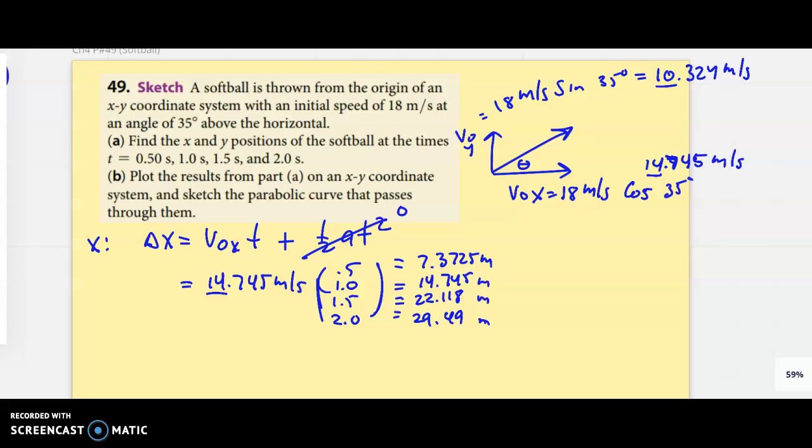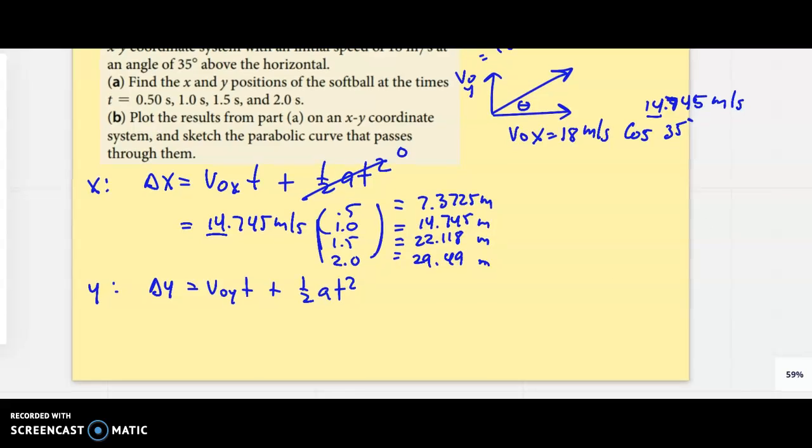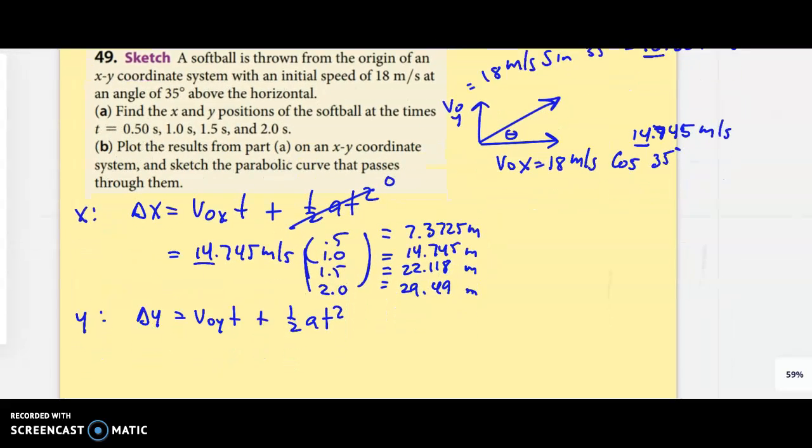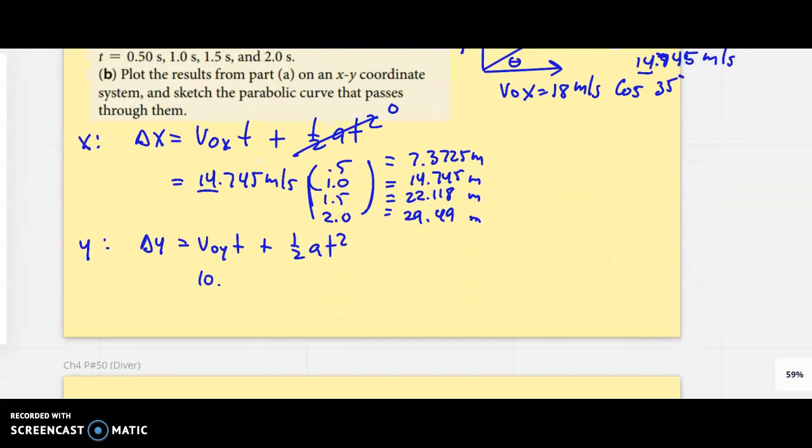Now, in the y direction, similar but with acceleration. So in the y direction, I have delta y equals V0Y t plus 1/2 a t squared. Now, the initial velocity in the y direction is going to be that 10.324 times t plus half of the acceleration times the time squared.